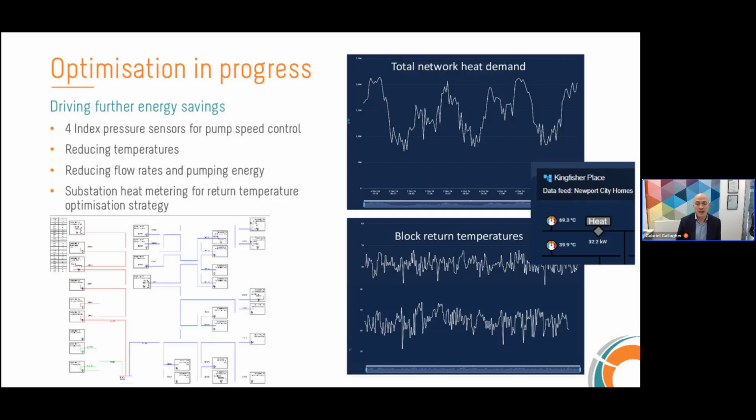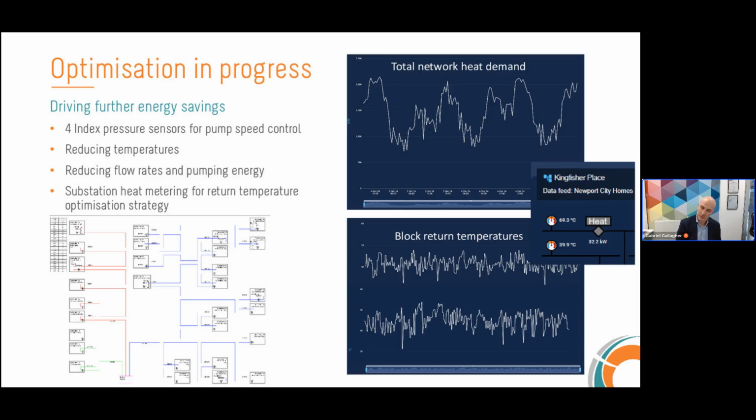So since then, we're ongoing, getting all the index pressure sensors back to the network, reducing temperatures again. Now we're losing less through the network. We managed to squeeze some more degrees down on the leaving temperature from the energy centre, and have managed to reduce flow rates again with the higher efficiency of network, and are in the process of driving more savings.